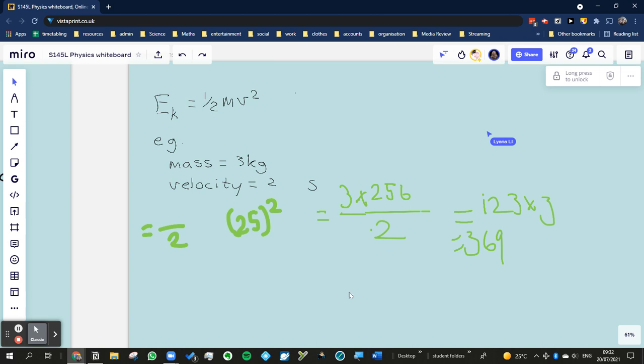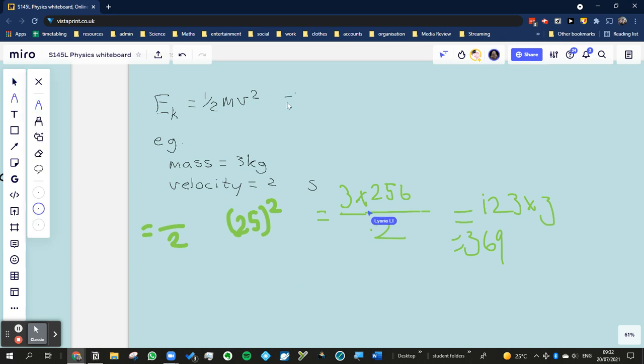So I would say half times 3 times 25 squared, and I would group this together. Half times 3 is 1.5, and 25 squared is 625.